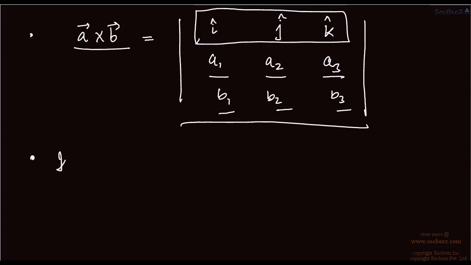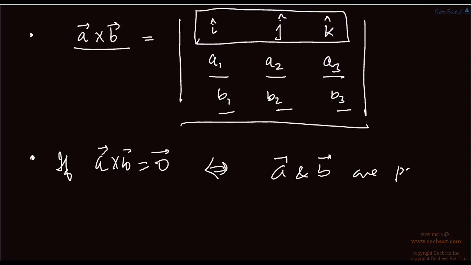Again, now if A cross B is 0 vector, this implies that A vector and B vector are parallel, because you cannot curl your directions from this to this vector. Okay, you do not have a pivot end, but in this case you have a pivot end, so you can rotate this vector to this vector.